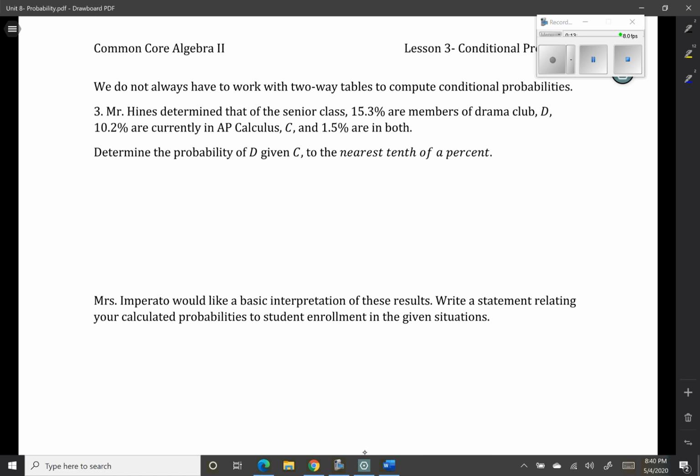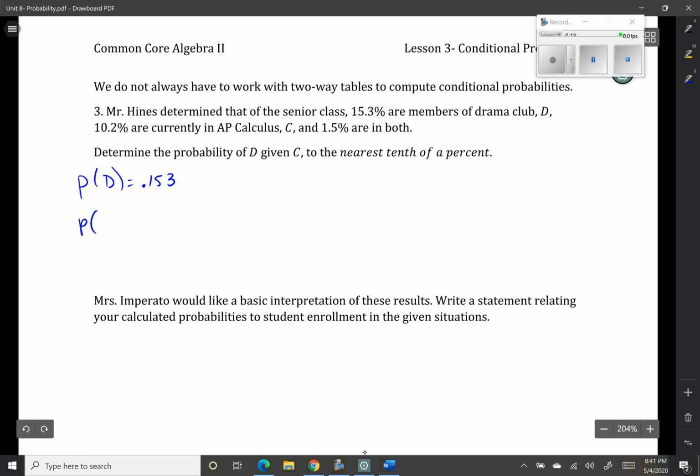So it says Mr. Hines determined that in the senior class, 15.3% of members are in the drama club. So we're going to say the probability of being in drama is 15.3%. So we'll say 0.153. We like decimals better than percents here. It then says that 10.2% are in AP calculus.